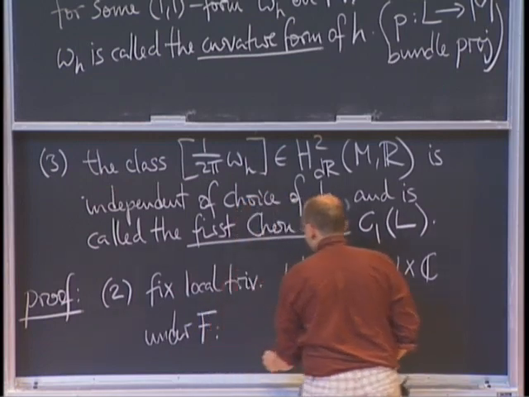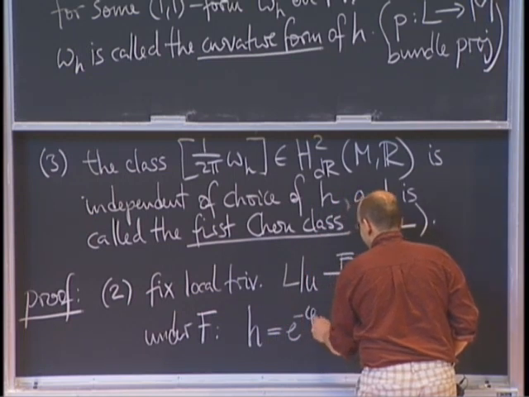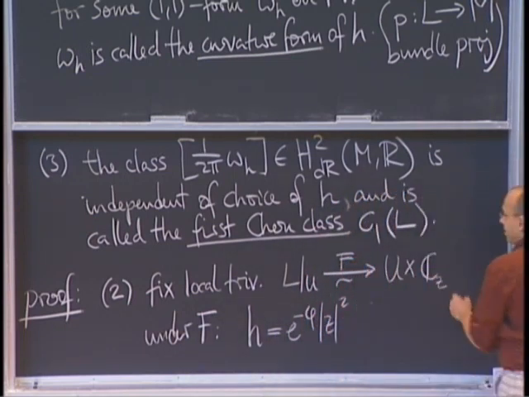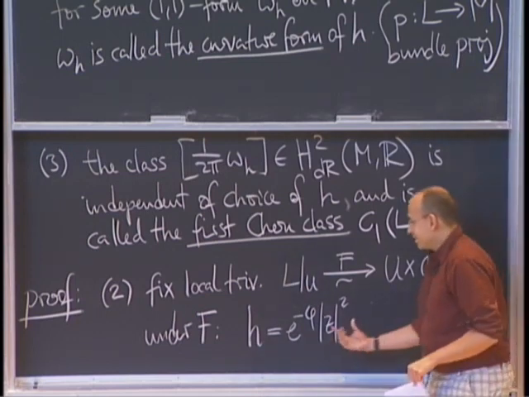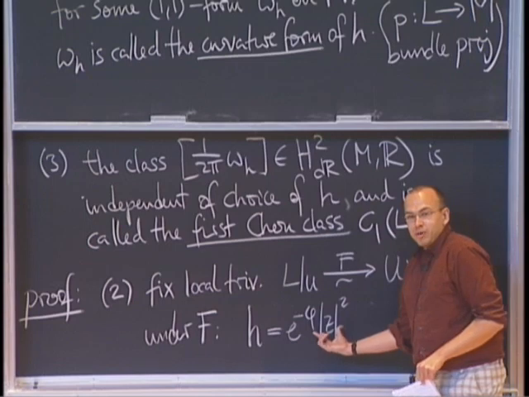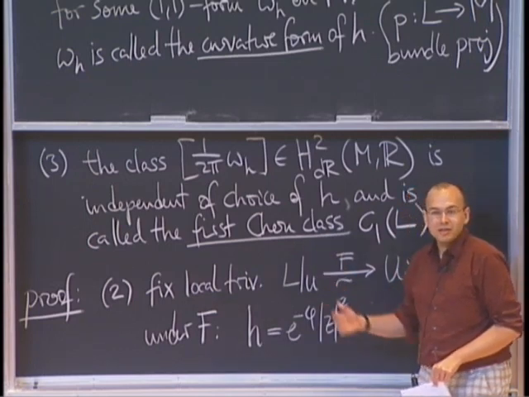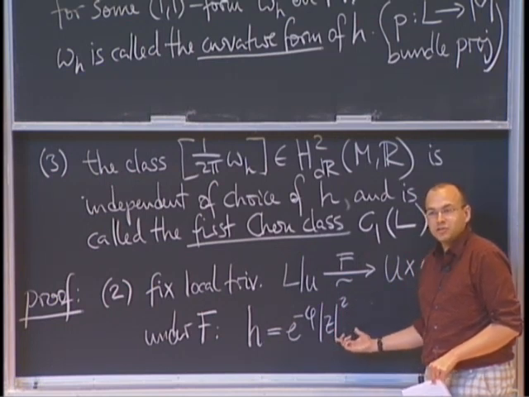It's going to be true that H is just e to the minus phi times mod z squared, where z is the coordinate along the fibers. Locally, mod z squared is a Hermitian metric on this line bundle in the sense of that definition, because it's non-negative, it's not identically 0, and it's homogeneous of degree 2.